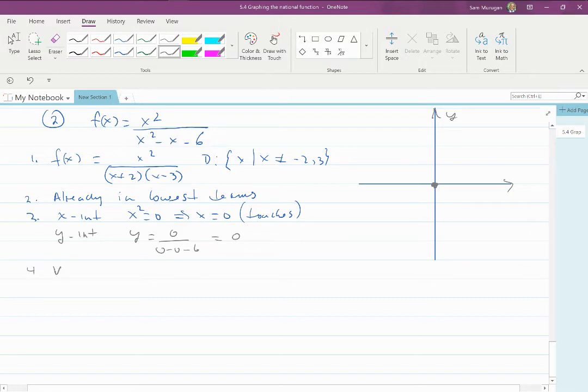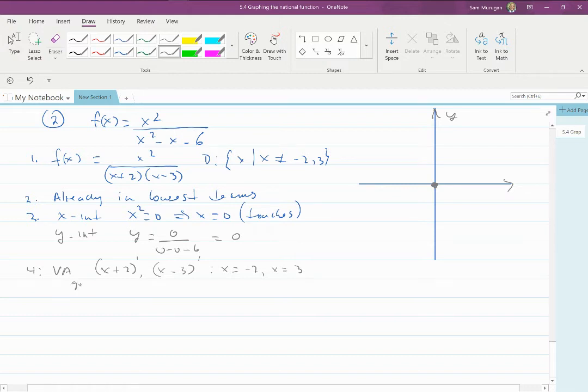Step 4, the vertical asymptotes. So both of the multiplicities are x plus 2 to the power 1 and x minus 3 to the power 1. So these vertical asymptotes are x is equal to -2 and x is equal to positive 3.